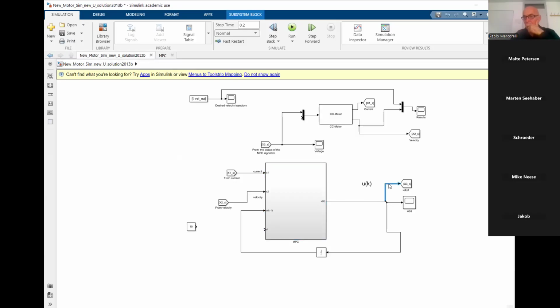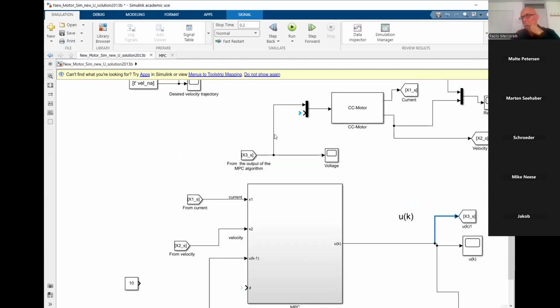UK, this output is going here, which is UK minus 1 plus delta. If you remember, inside here is UK minus 1. To be precise, the delta is a vector. I consider just the first element of the vector. Do you remember? The rest I will throw away.